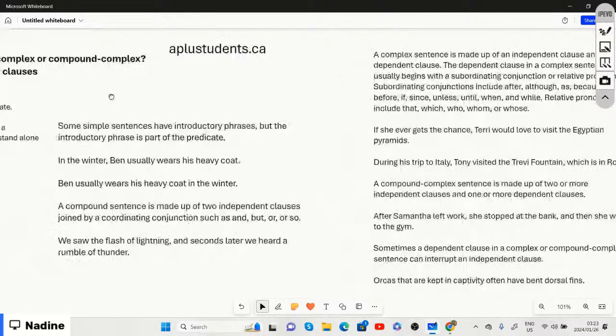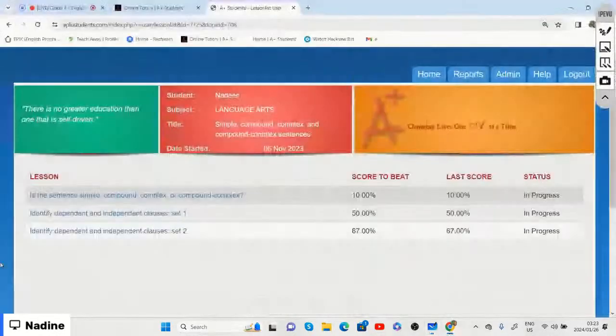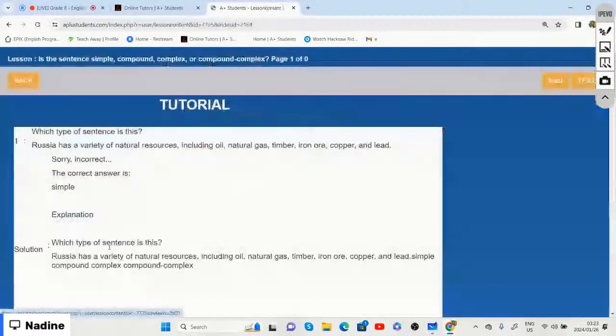All right, so now we're going to aplusstudents.ca. And we're going into the first lesson where it says, is this a simple, compound, complex, or compound complex sentence? So which type of sentence is this? Russia has a variety of natural resources, including oil, natural gas, timber, iron ore, copper, and lead.